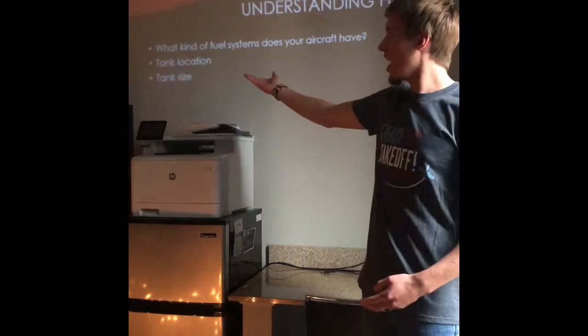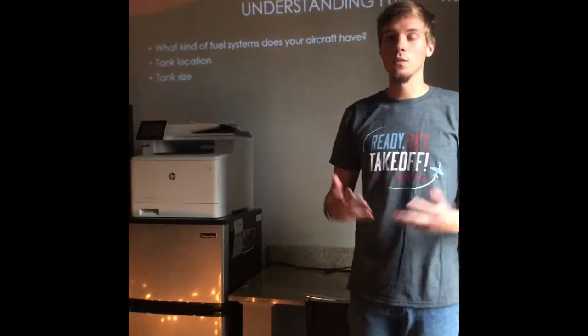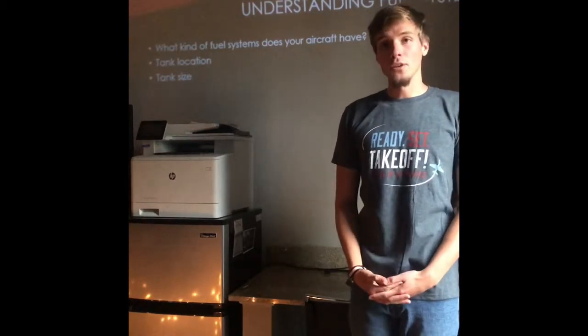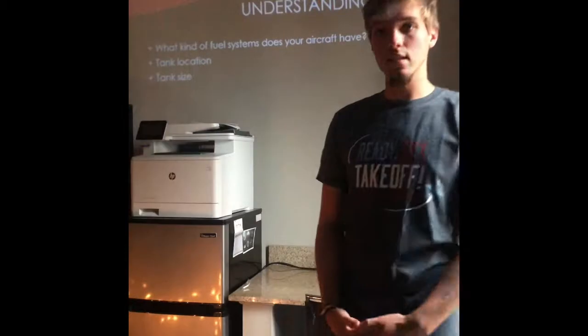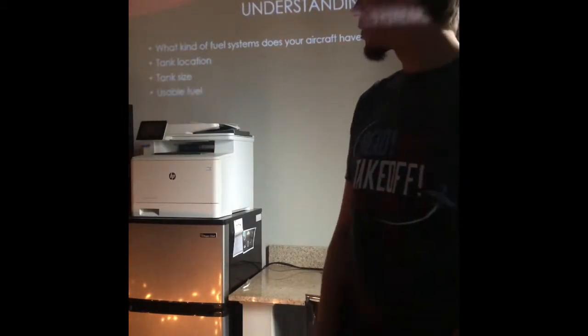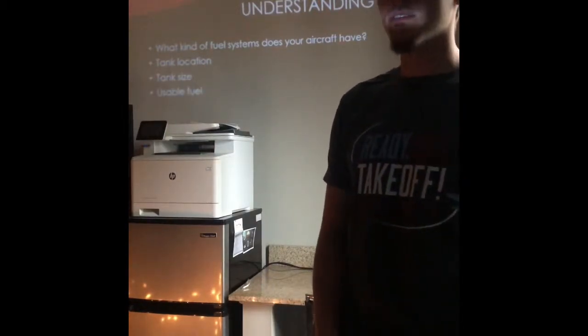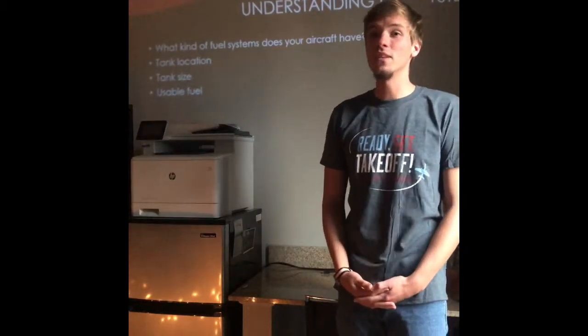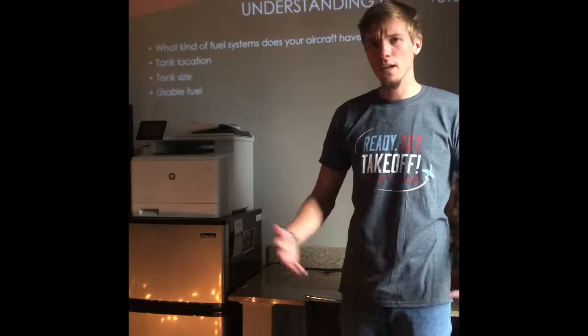Now, as for the tank size, you can see looking through the POH that the tank size for my particular aircraft is 56 gallons of fuel, 28 in each tank. As for the usable fuel, there is actually only 53 gallons usable, and I'll explain why.